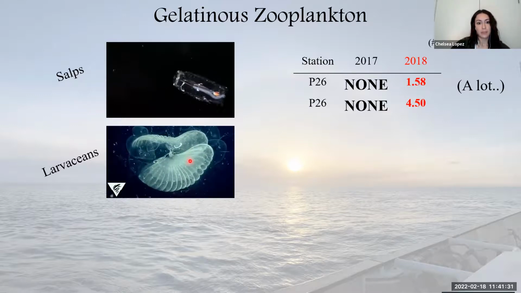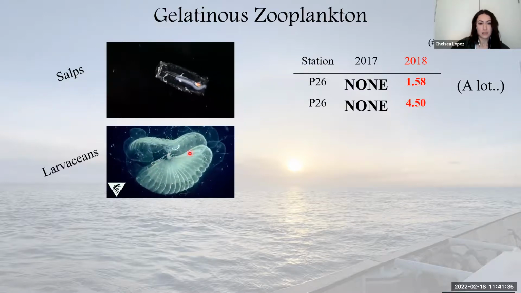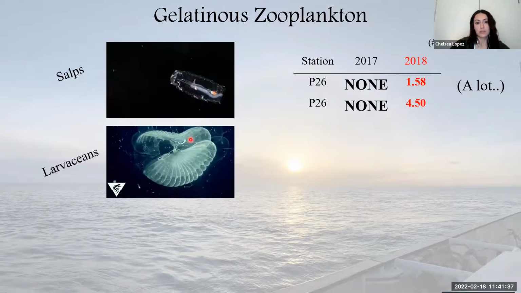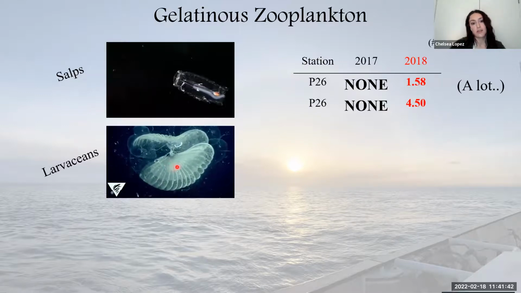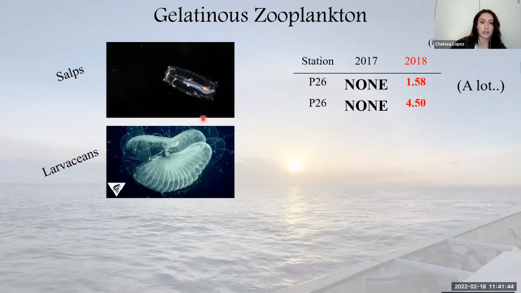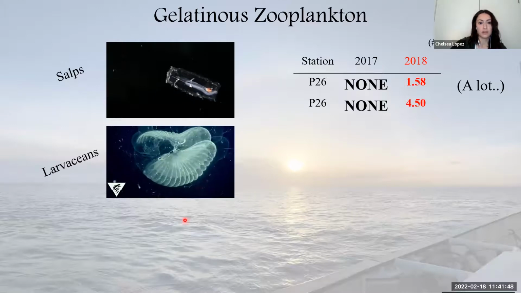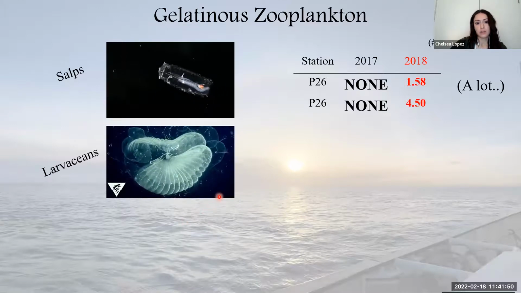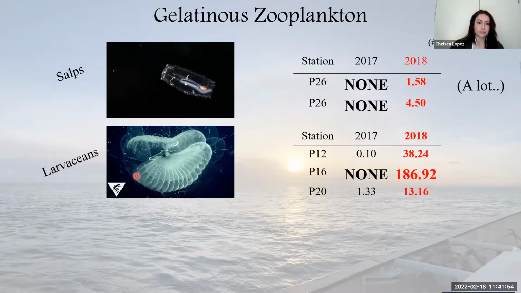But as they do that, it can get clogged wherever the intake is. I'm not quite sure on this photo. So when those particles are coming in, the gelatinous house, as they call it, can get clogged, and these creatures eject out. And when they do that, they leave this house to basically sink out. So they're contributing to export in a unique way, by exporting those houses out.